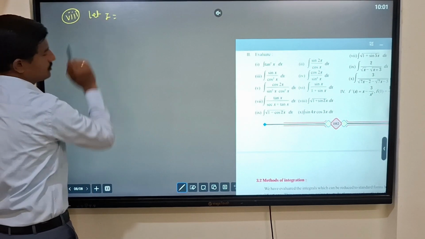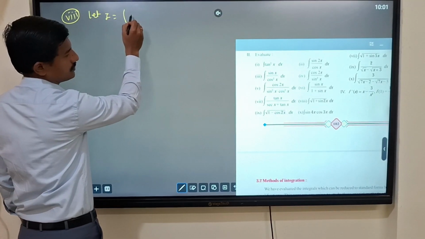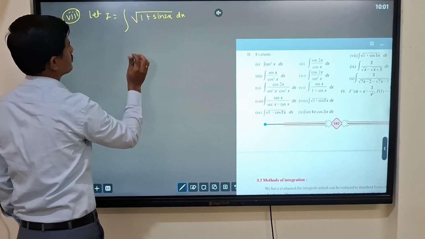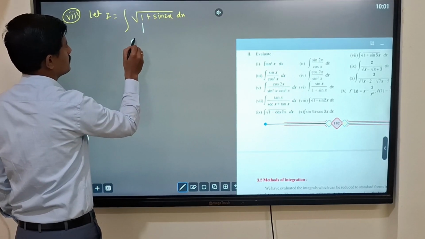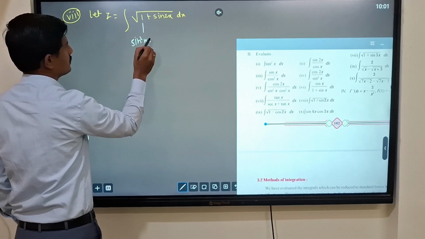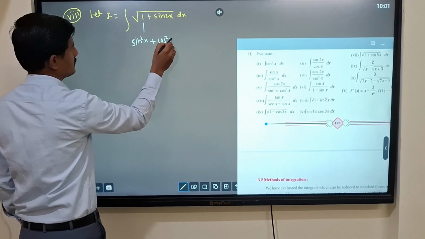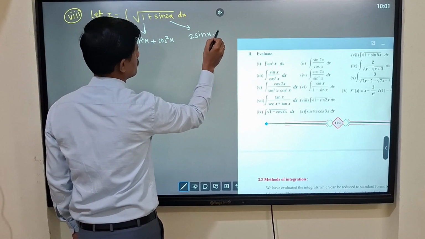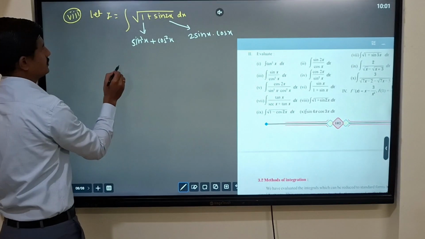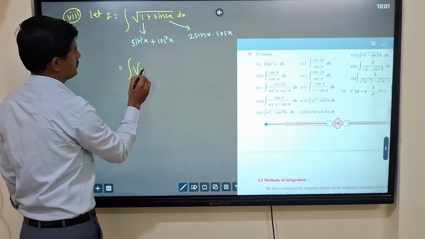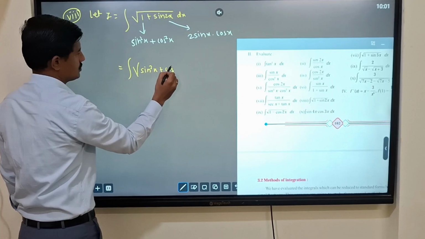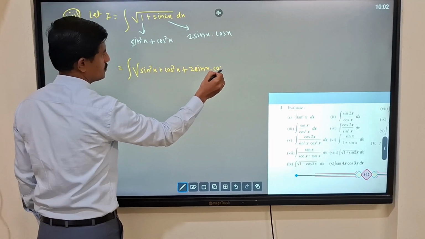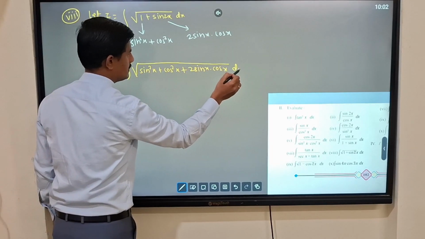Let I equal the integration of square root of 1 plus sine 2x dx. Here for 1 we will use sine square x plus cos square x, and for sine 2x we will use the formula 2 sine x cos x. Therefore, this becomes the integration of square root of sine square x plus cos square x plus 2 sine x cos x dx.